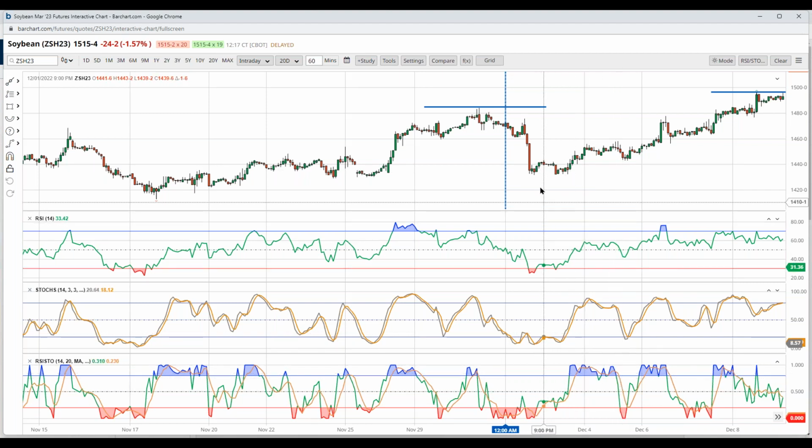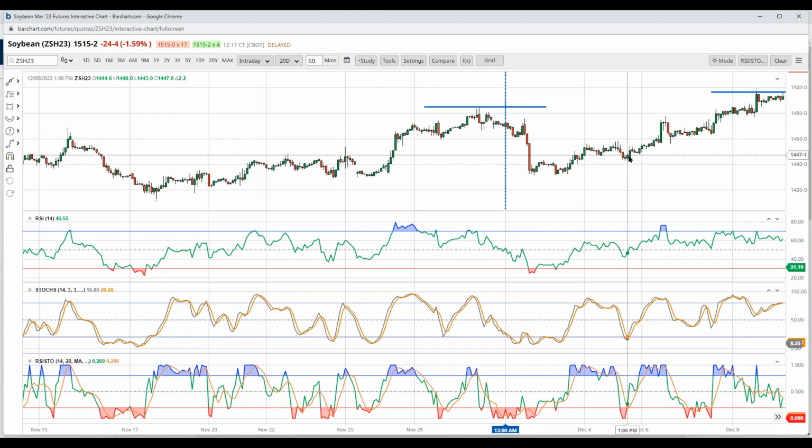You can see that from this point forward, there we got that oversold condition. There it is. And then we wait for it to pop back above, and that would be about where we would enter into the trade.